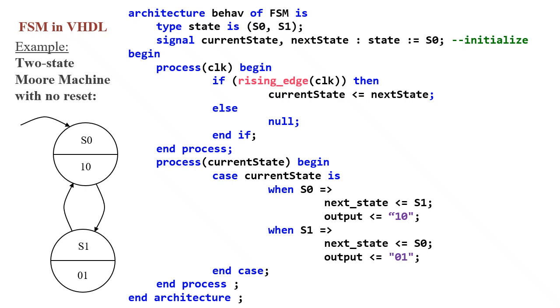Here we see an example of the implementation of an FSM diagram containing two states. The diagram we're trying to implement, or this code implements, is shown on the left side. Before implementing the design or even testing it, it is important to know how to read the design and interpret it.